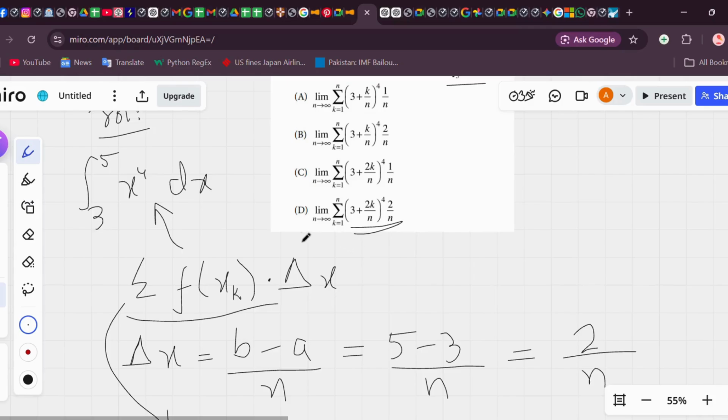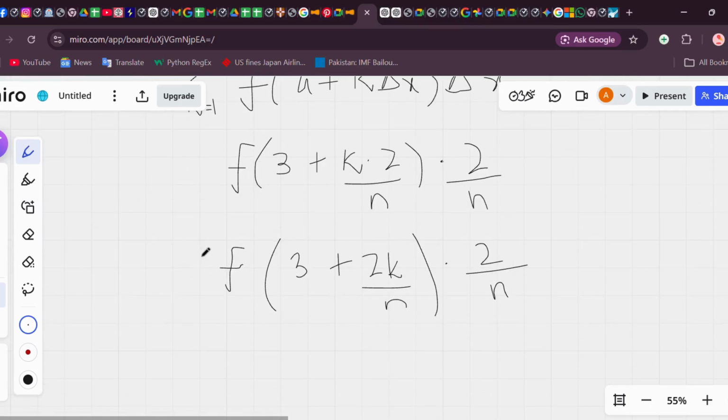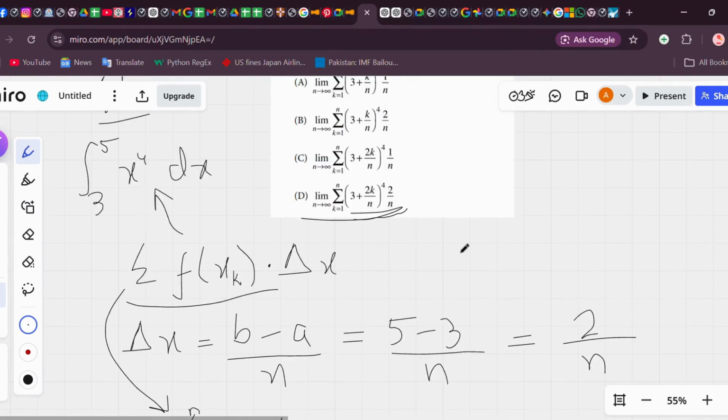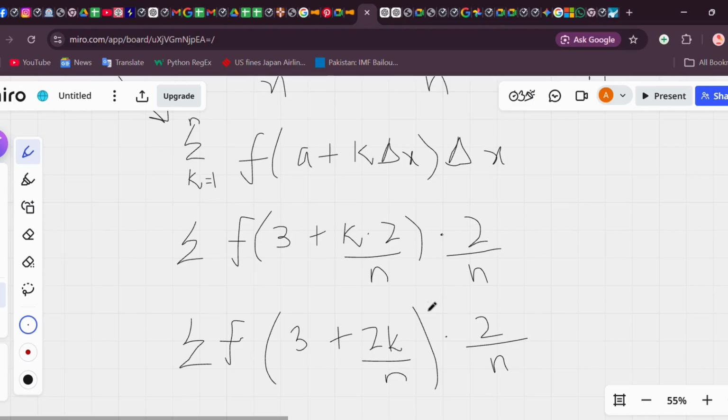This is the answer: 3 plus 2k over n, with the summation. We will use the summation sign as it is. So 3 plus 2k over n times 2 over n. According to the power we have in all of the options, which is 4, we will apply power 4 here. Now it completely looks like our answer, which is part D.